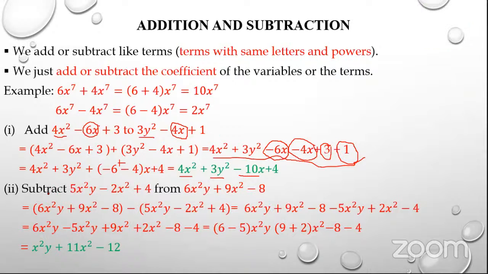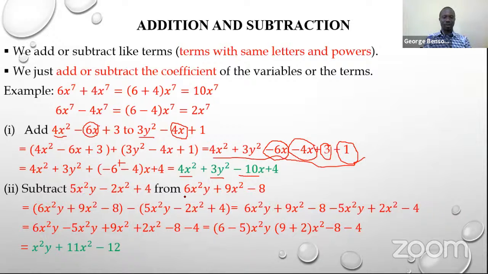Okay. So our second one is: subtract 5x squared y minus 2x squared plus 4 from 6x squared y plus 9x squared minus 8. Is that okay? And like you saw, the question says subtract this from that.